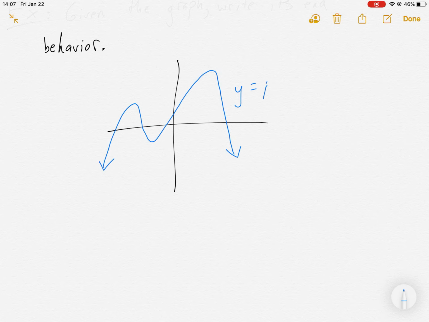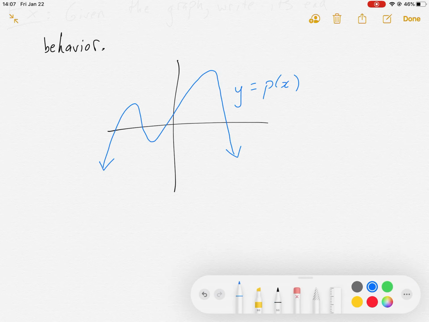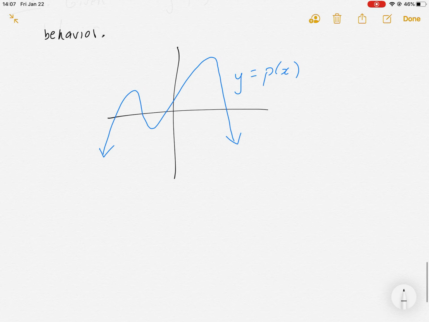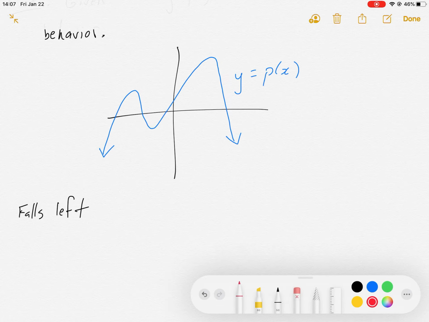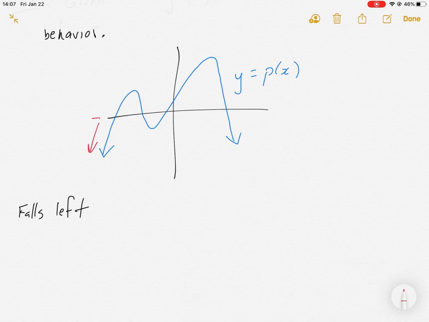So here's some graph of a polynomial y equals p of x, and you have to find its end behavior. So you'd say, okay, it looks to me like it falls left. That's right here, right? So as we go left, we're falling. And it also falls when I go to the right.